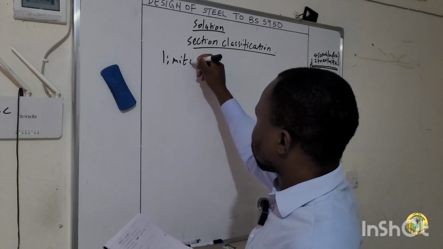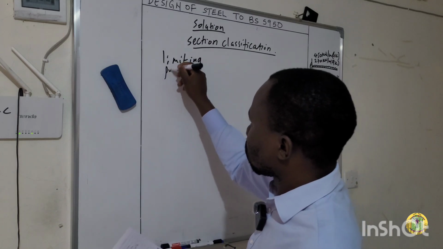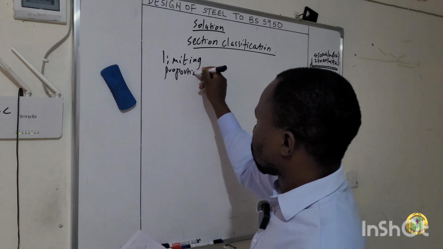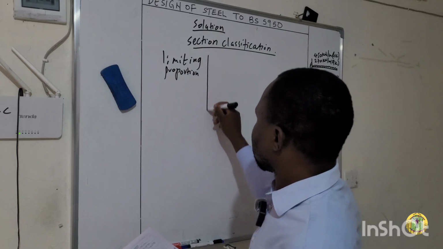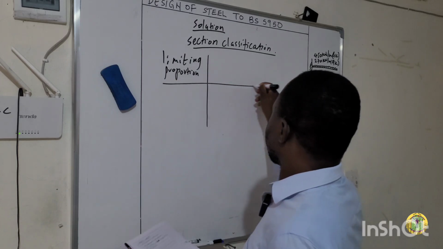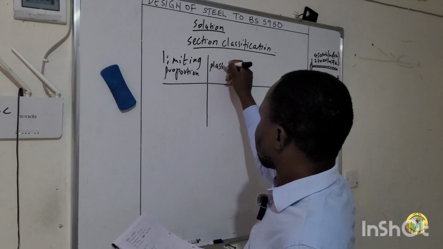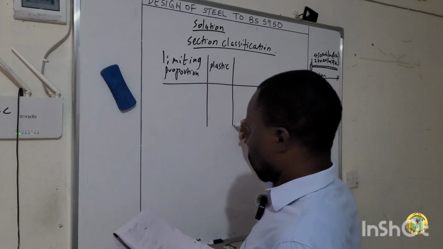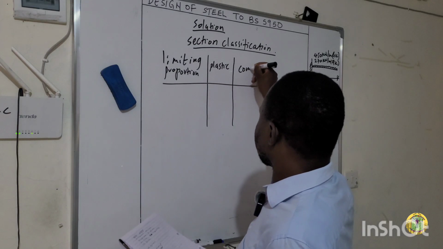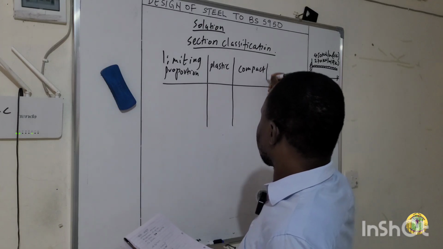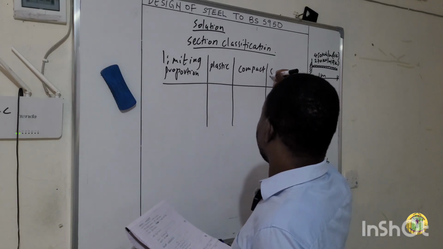You have the limiting proportion. You have the plastic, the compact, and the semi-compact.